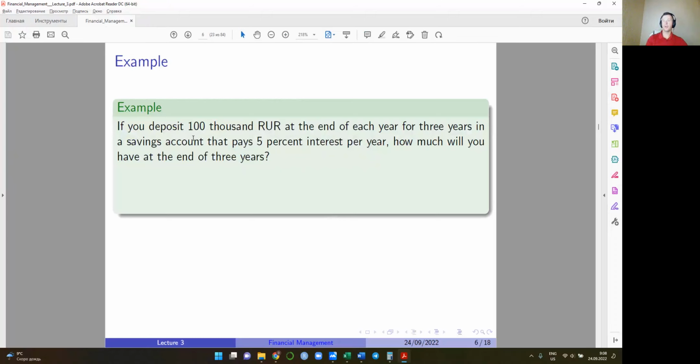So, a very generic example: if you deposit 100,000 rubles at the end of each year, this phrase is important, at the end of each year, for 3 years, in a savings account that pays 5% interest per year, how much will you have at the end of these 3 years?